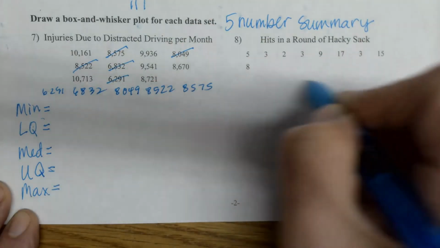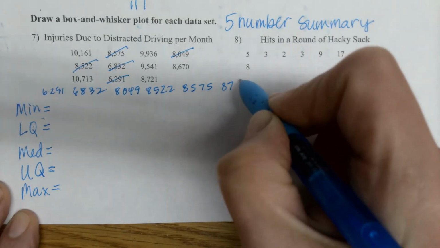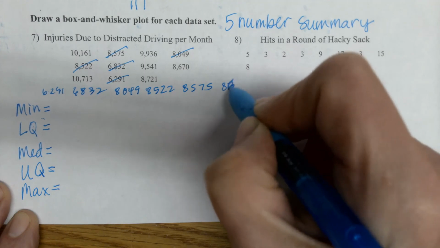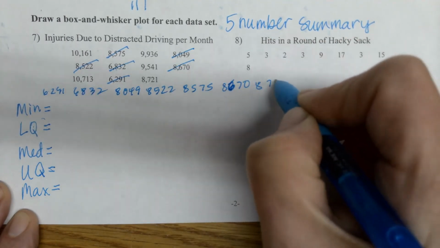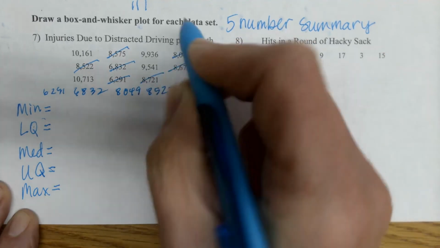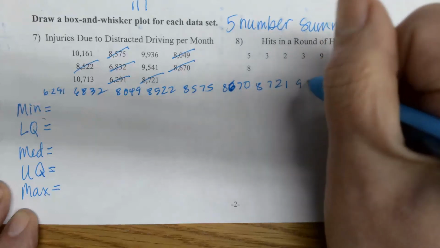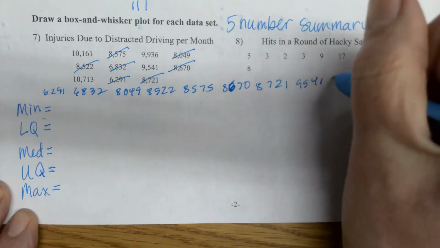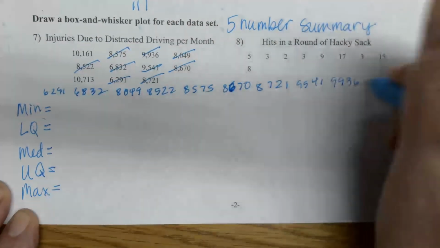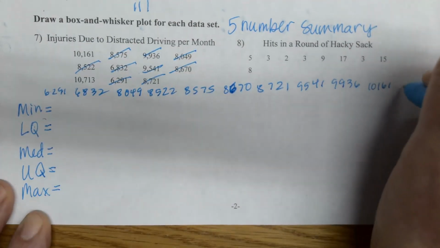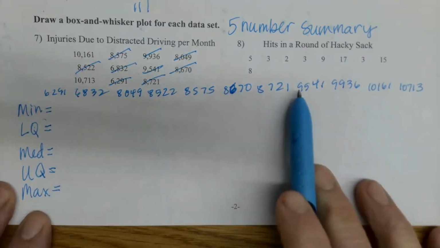I'm going to spread over onto here. Sorry about that. 8,700, 8,670, 8,721. Then I go into my 9,000s. 9,541, 9,936, 10,161, and 10,713. So now I have my data in order from least to greatest.